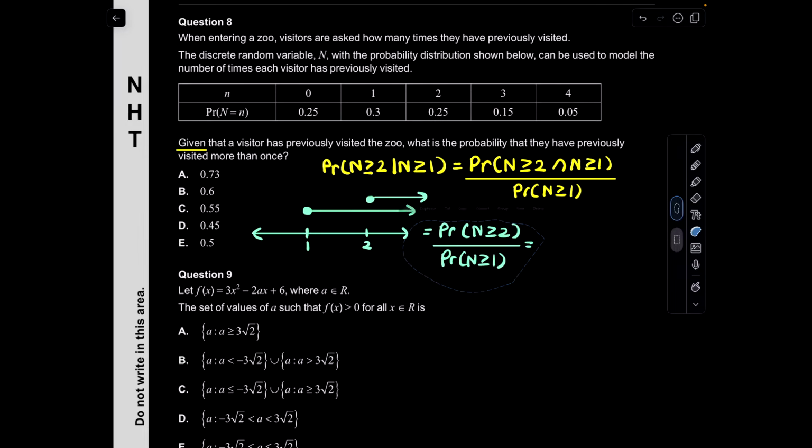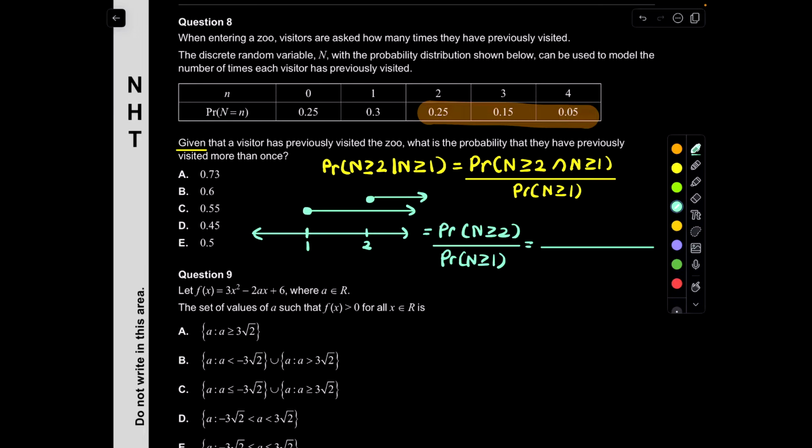Now this is quite easy to simplify because the probability that n is greater or equal to 2 means these probabilities here have to be added, these ones over here. So let's add those up: 0.25 plus 0.15 plus 0.05. And the probability that n is greater or equal to 1 is these probabilities over here.